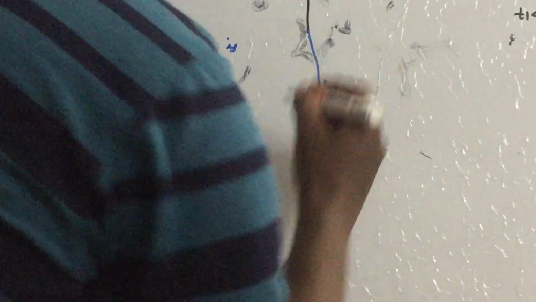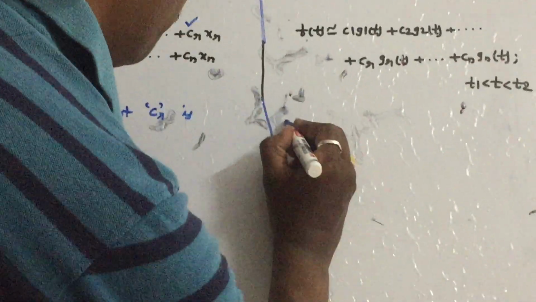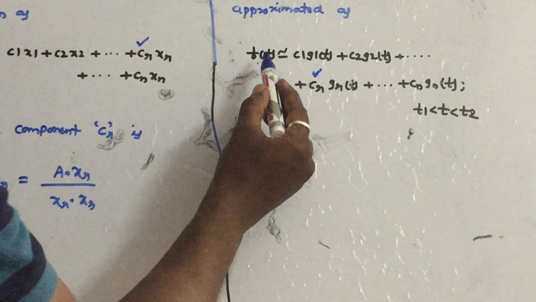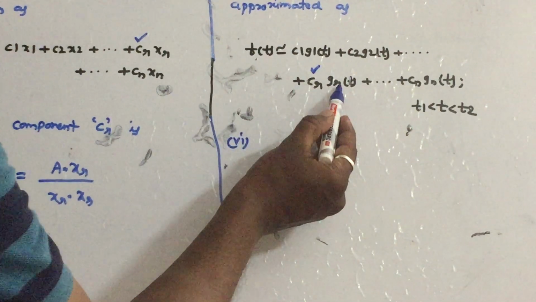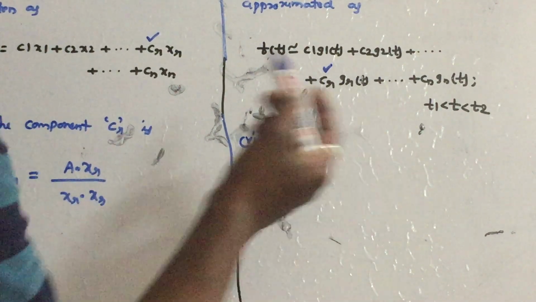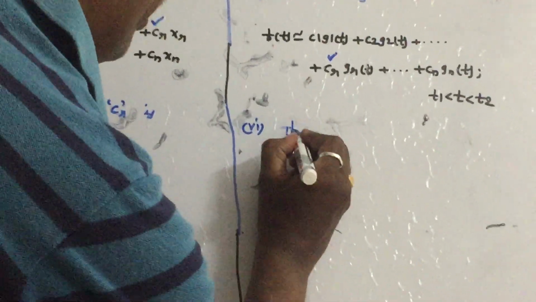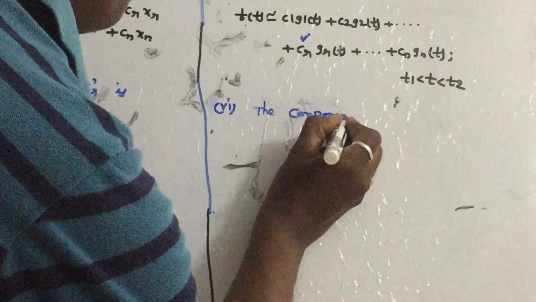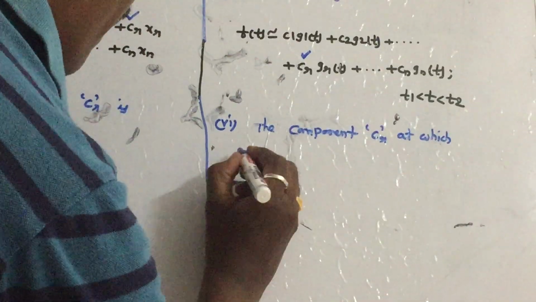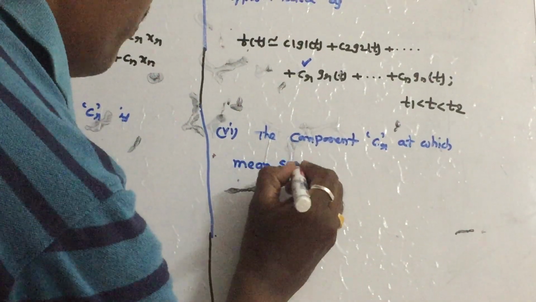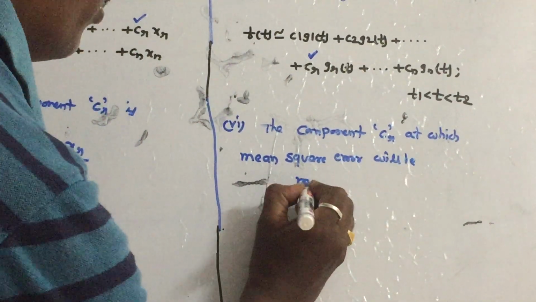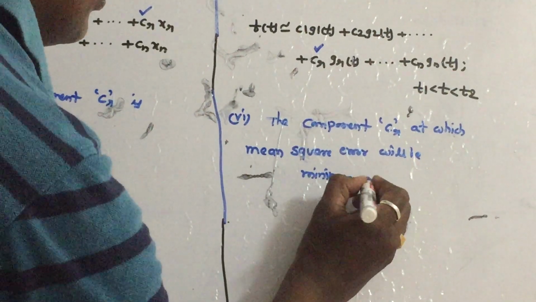So apply the same kind of formula for signals also with respect to analogy. So what is this coefficient cr? cr is nothing but integral t1 to t2 f of t into gr of t dt by integral t1 to t2 gr square of t dt. So that is the formula we write here. The component cr at which mean square error will be minimum, we have to write this sentence, is, so what is the formula?